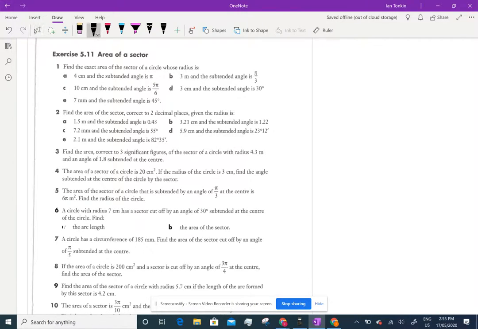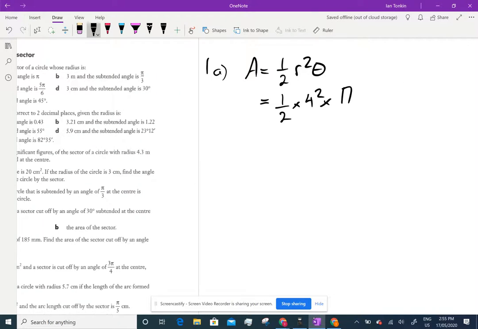So, question 1. Area equals half r squared theta. What's the radius? 4. It's a half times 4 squared. And what's the angle? Pi. And we tend to leave these in exact value.